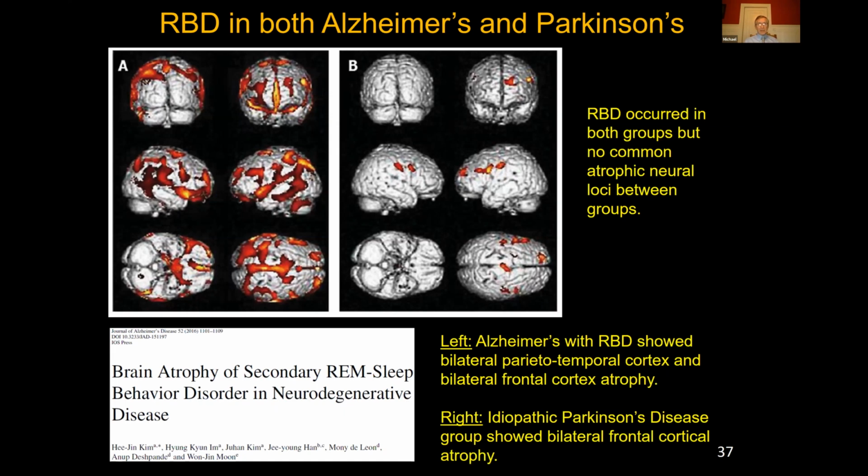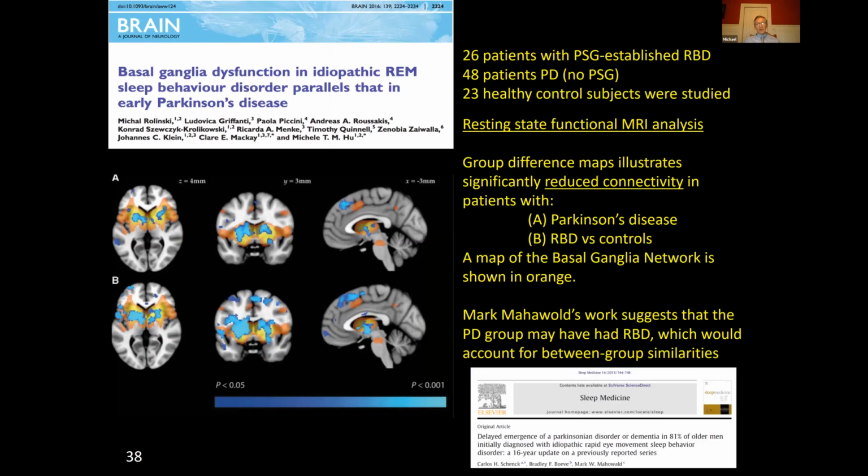The outcome of this study was the group said there's really no co-localization of brain loss between Alzheimer's and Parkinson's disease. We don't really know what that means, so it was a challenging paper. But Carlos Schenck and Mark Mahowald and that group really first characterized REM behavior disorder and followed those patients.